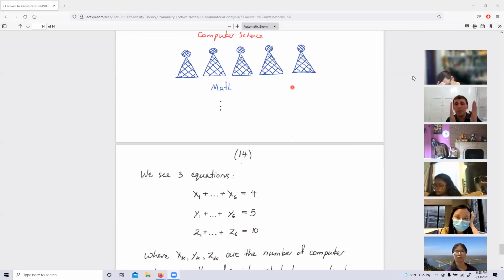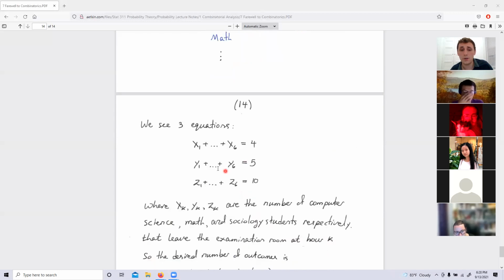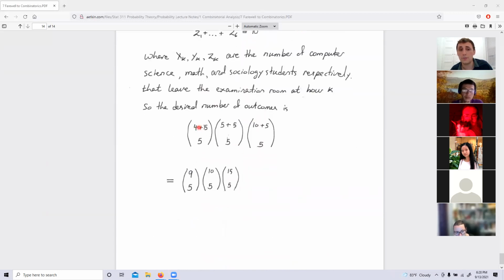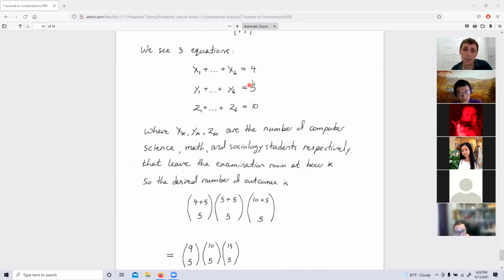How many people from one category the hour gets does not affect how many people of the other category that same hour gets. So I just solve the number of solutions for each of the equations, and here is what I get: 4 plus 5 choose 5, 5 plus 5 choose 5, 10 plus 5 choose 5, and it's 9 choose 5, 10 choose 5, 15 choose 5. Makes sense, guys? Why is it plus 5? 5 is the number of gaps in the hours. Correct, very good.